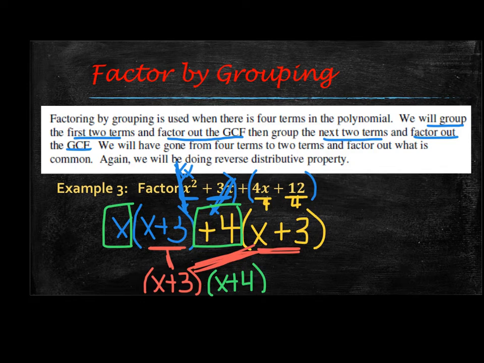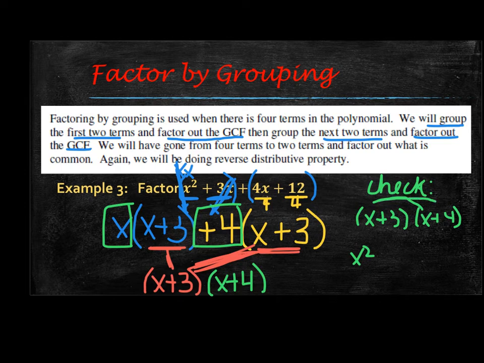Now, if you want to check your answer, you can go ahead and use, some teachers call it FOIL, some teachers call it double distribution, but if you took x plus 3 and you multiplied it times x plus 4, well, what would you get? Well, you'd have to do x times x, which gives you x squared.